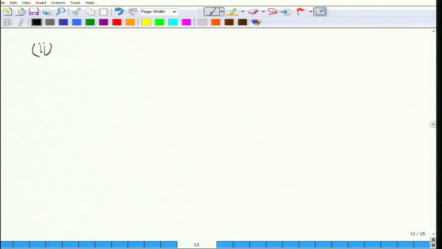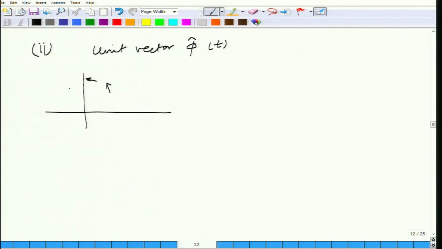Part 2 says find unit vector phi as a function of time. Remember again, as the particle is moving, its phi unit vector keeps on changing with its position, and phi unit vector depends only on phi. So let me write this. Phi unit vector at time t is given as minus sine of phi i plus cosine of phi j, and what I have been given is that phi dot is 1 rad per second.